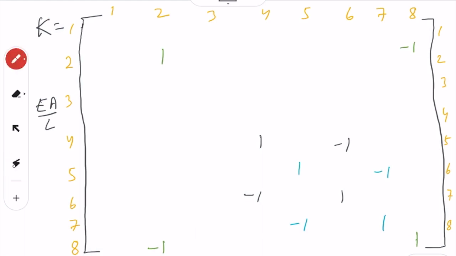So, we have 3 here, 4, 7, 8, 3, 4, 7, 8. So, we start with 3, 3. So, which will be here 3, 3. Okay. So, 3, 3 we have to write 1 over 2 root 2.